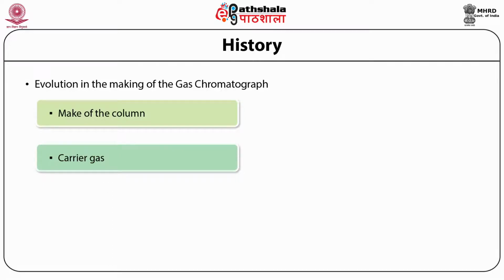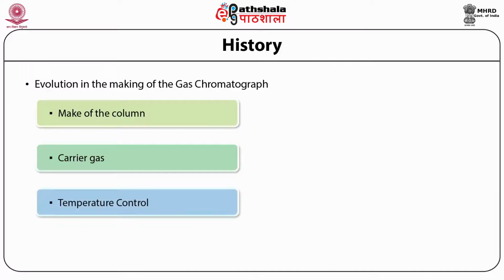For better resolution of sample components, there should be good temperature control in the gas chromatograph. Initially, it was achieved by encompassing the column in a vapor jacket or thermostated block, but now a hot air oven is used instead.